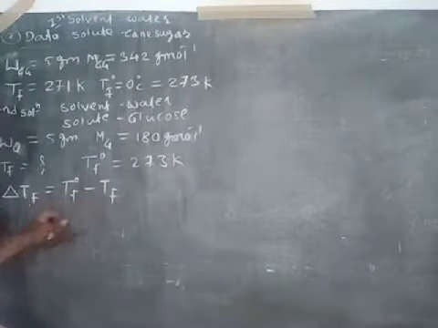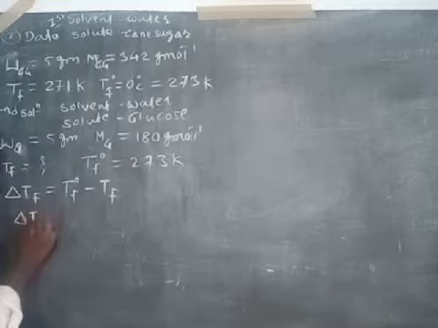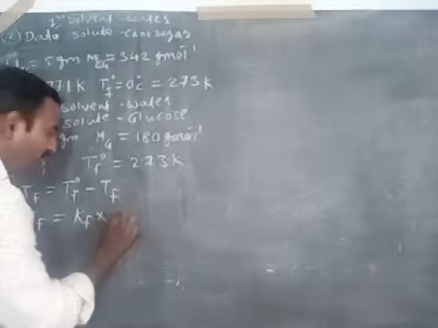But to calculate the TF, we should know the delta TF. And to calculate the delta TF, we use another formula, that is delta TF is equal to KF into m.